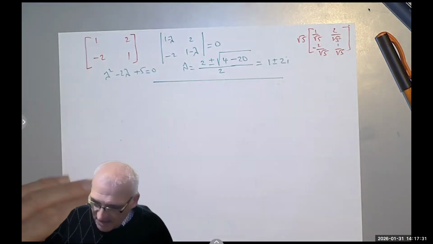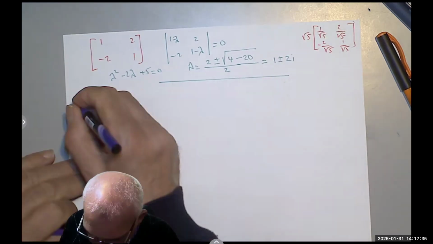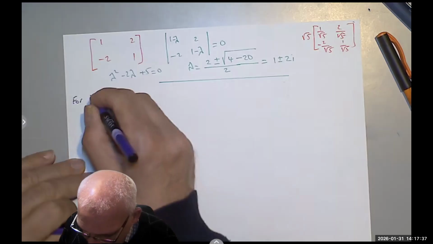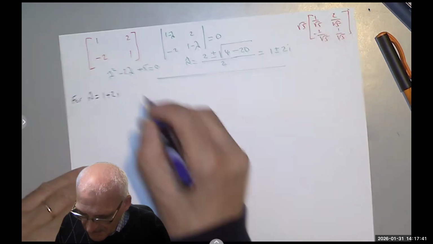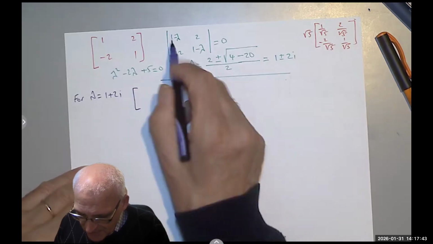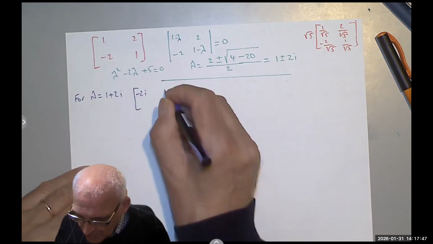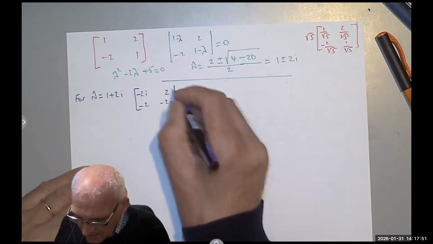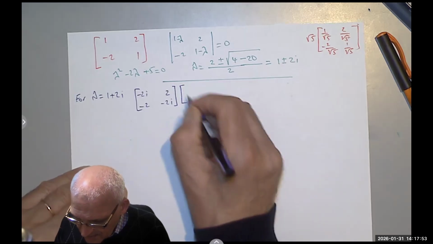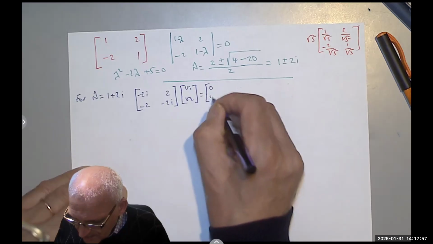So we can say here, let's say for lambda equals 1 plus 2i, I will get the matrix 1 minus (1 minus 2i), 2, negative 2, negative 2i times v1, v2 equals 0, 0.